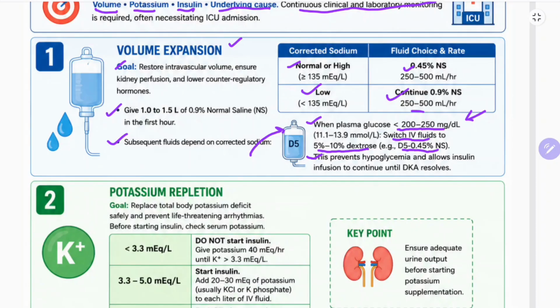That's why we give 5 to 10% dextrose, so that blood glucose does not fall further and acidosis gets resolved with the help of insulin. That is the funda behind giving 5 to 10% dextrose when the blood glucose level reaches 250 or 200. Okay, so volume we have done.